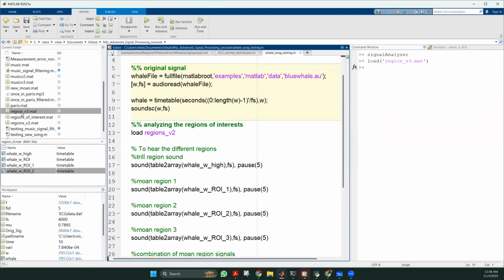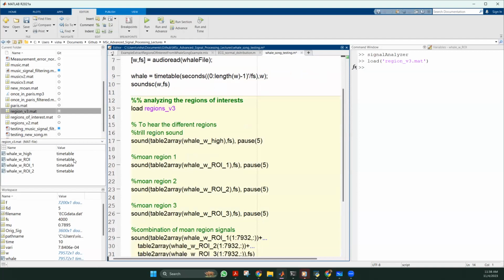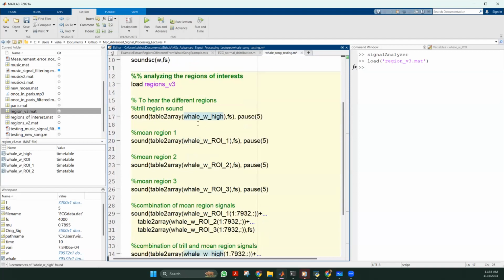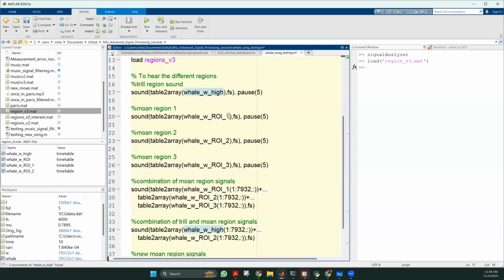Then, to get the data that I have got from the analyzer, I have to load that data. Since it is region version 3, I will put region version 3 here. Since I want to analyze the high pass component, I put that high pass component here. Then the regions, ROI1 and ROI2, I put in here.